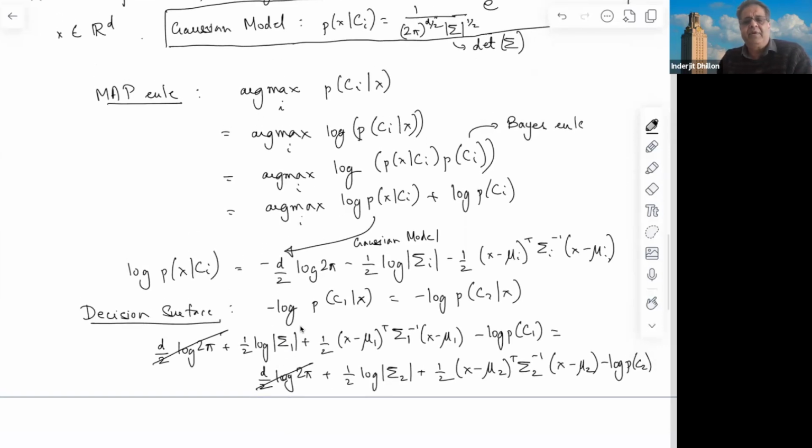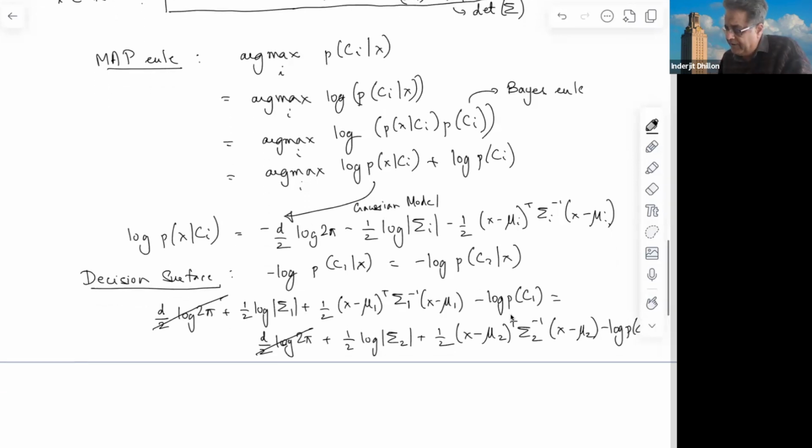I have sigma 1 here, a quadratic form here that depends on mu 1, sigma 1, and log of, this is the class prior. Okay, so that is the general decision surface, but let's take some special cases, okay? So let's take special case 1, which is kind of the most common case, right?